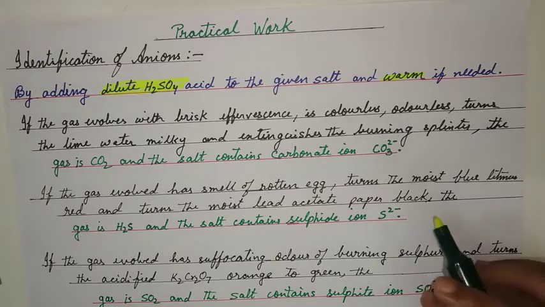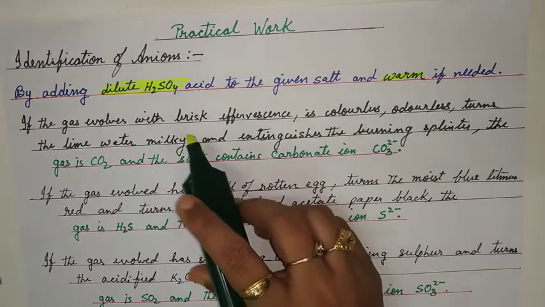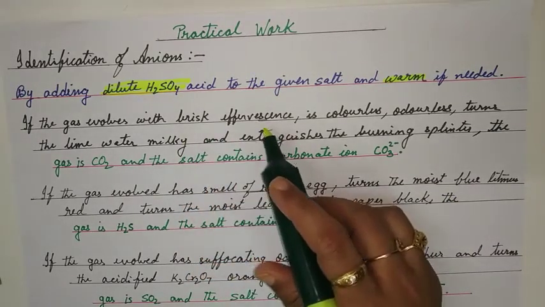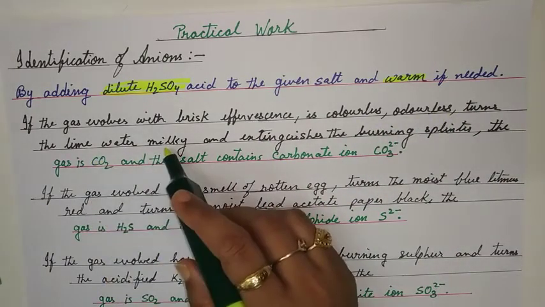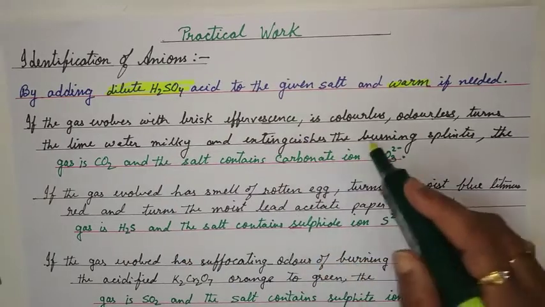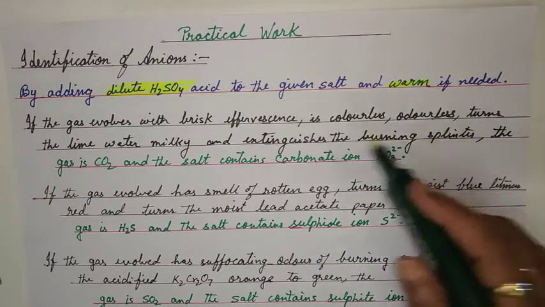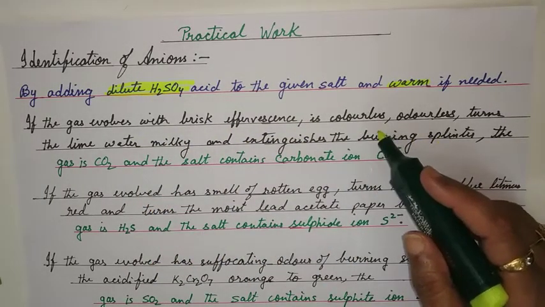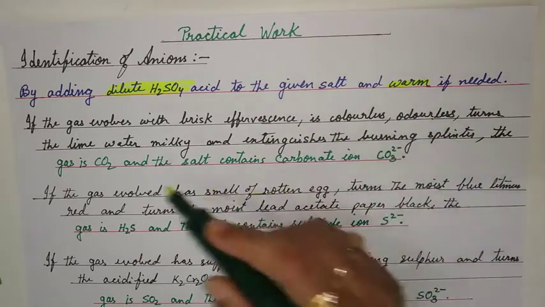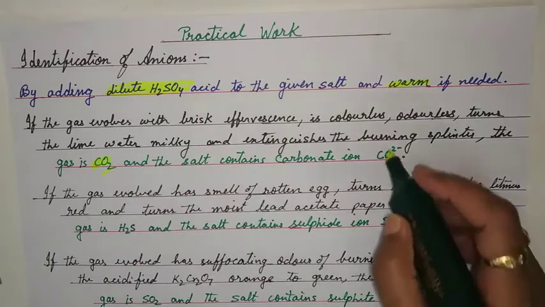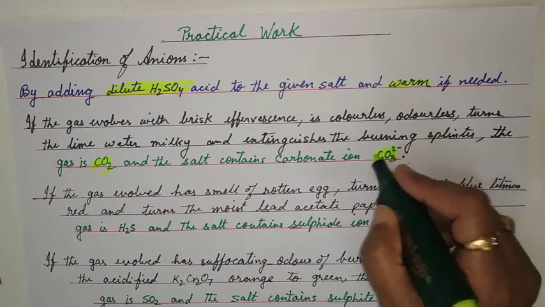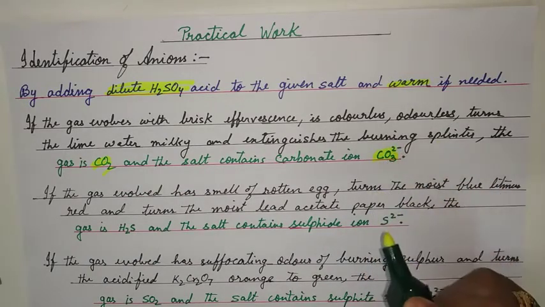So if the gas which comes out is coming out with a brisk effervescence, it is colorless, odorless, it turns the lime water milky and extinguishes the burning splinter. If we see all these in that gas, we are sure that the gas which is coming out is a carbon dioxide gas. So we are sure that the anion which is present is a carbonate anion.